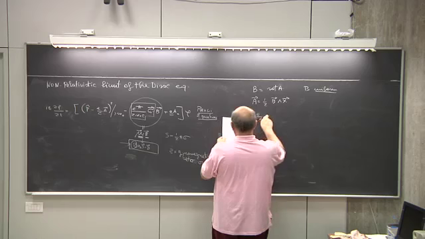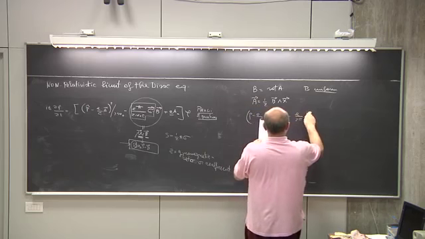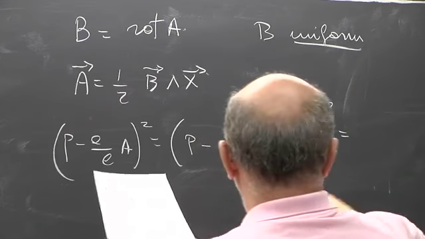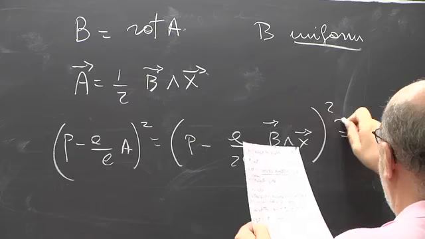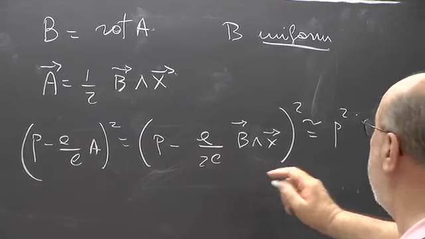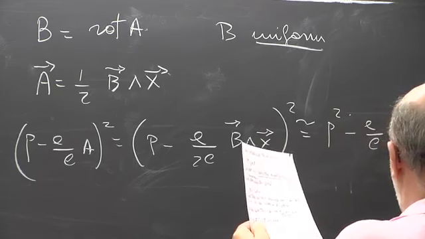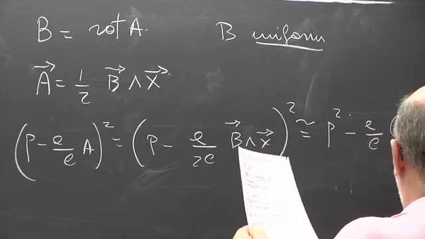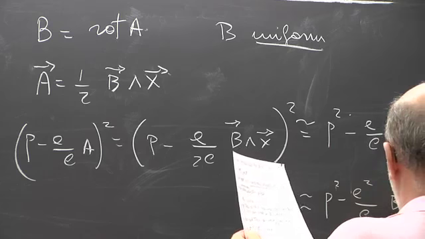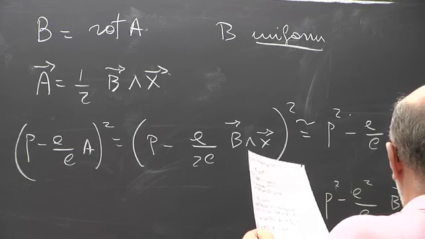P minus e/c A squared is then P minus e/2c B wedge X squared. If you work this out, neglecting terms of order 1/c squared, you get P squared minus e/2c B times the angular momentum, where L is the angular momentum, X wedge P.